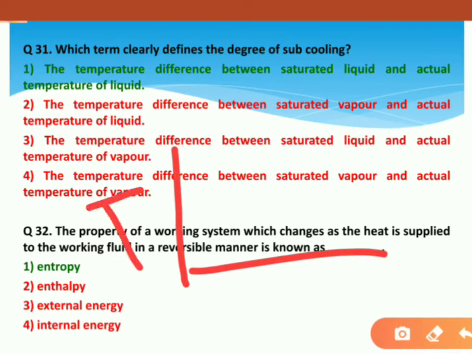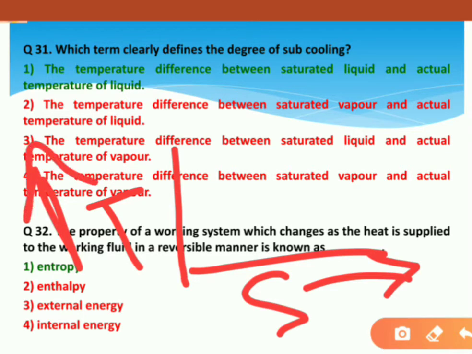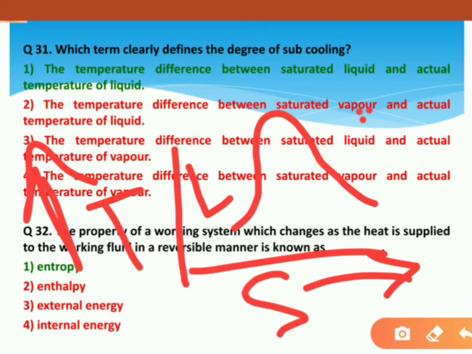It's a vapor diagram, a TS diagram, temperature and entropy diagram. It's a vapor dome, and here is the liquid state, here the gaseous state, that is the vapor state, and here liquid plus vapor.